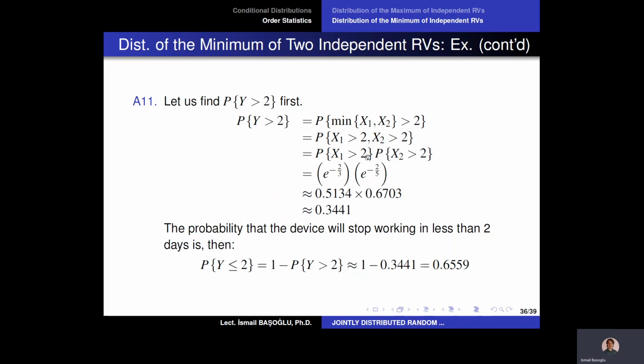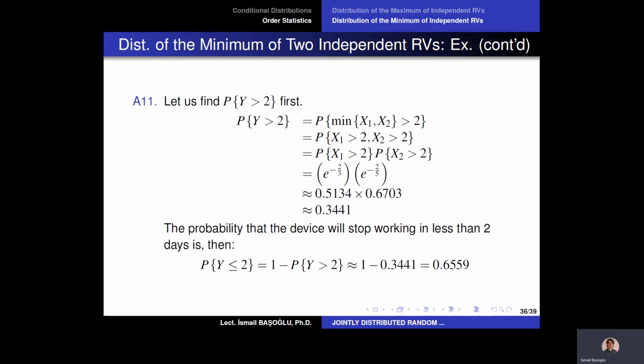Here, the x value is simply 2, and the lambda values are 1/3 and 1/5 for the two batteries. When we multiply these two tail probabilities, we get 0.3441. As this tail probability, the lifetime of the device being more than 2 days is 0.3441.